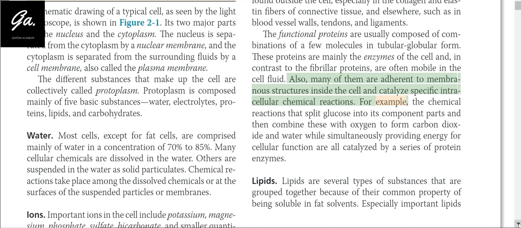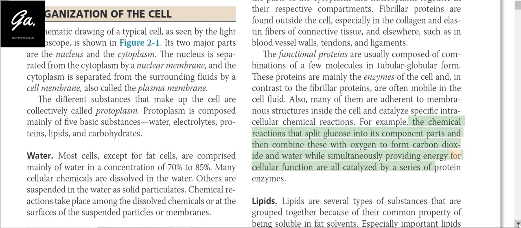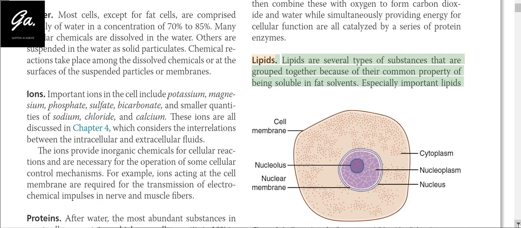For example, the chemical reactions that split glucose into its component parts and then combine these with oxygen to form carbon dioxide and water while simultaneously providing energy for cellular function are all catalyzed by a series of protein enzymes.